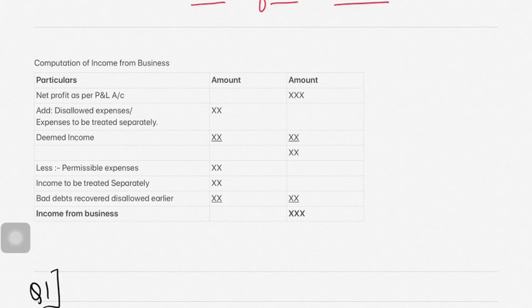For example, rent received. It belongs to another head. You are not supposed to show it as your business income. So that you will subtract, correct? And permissible expenses. There might be some expenses which you have missed. So those expenses also you will subtract. Now what is bad debts recovered, disallowed earlier?